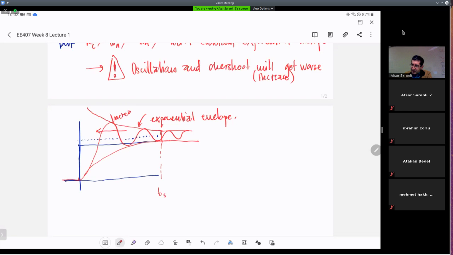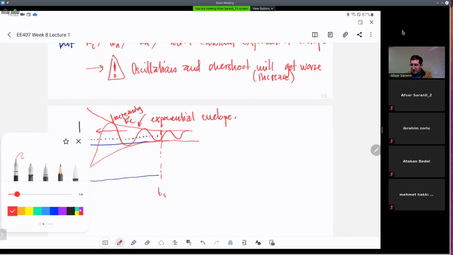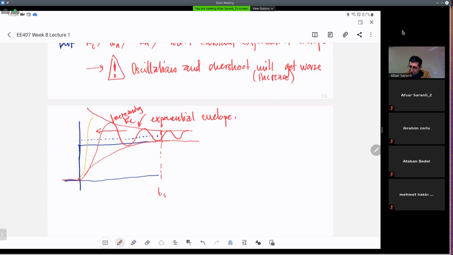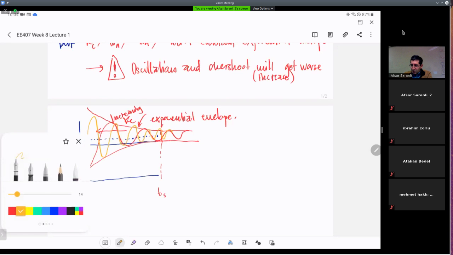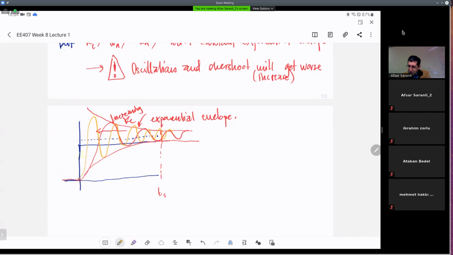Increasing Kc, what's going to happen is that the frequency of oscillations will increase. Therefore, the response will be squeezed within this envelope. Let me sketch one more. Okay, so as the frequency increases, you see that overshoot over here. Okay, larger overshoot.